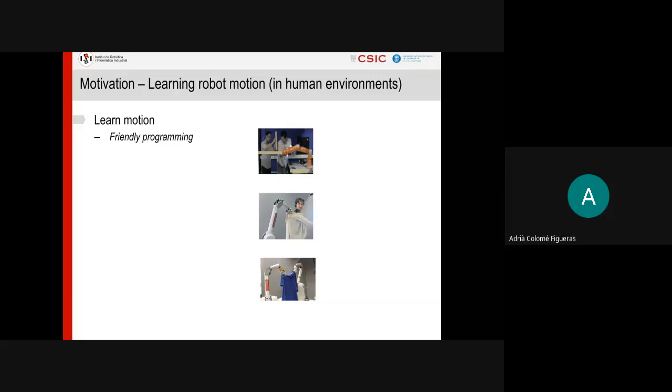But then, if something changed, they would need this engineer to go back and do the same procedure again. It was time-consuming, it was costly, and it's no longer how we want to program robots, since a few years already.